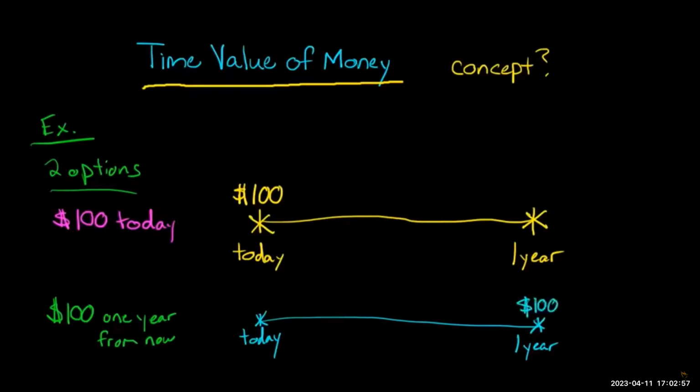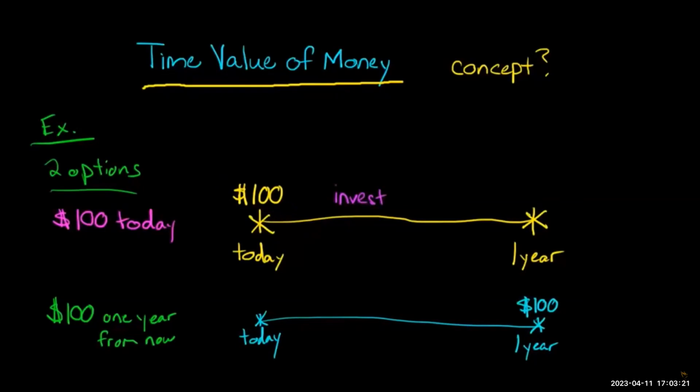Now let's think about things here for a moment. When we get the $100 today, what can we do with that money? Well, you could go out and spend it, but let's assume that you didn't spend it. What else could you do? You could invest that money. Let's say you invested in something and you ended up getting a 5% return.